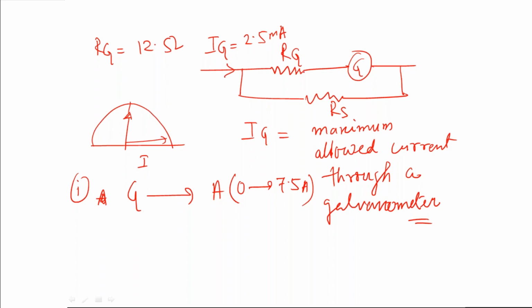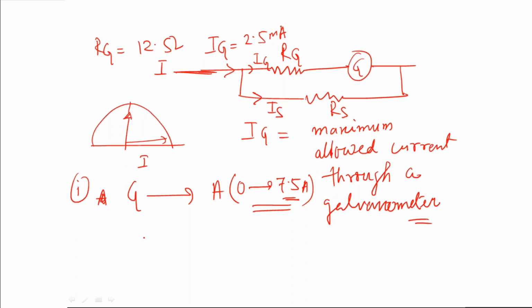See here, the RG is given, the maximum allowed current is also given, and the range of the ammeter is given. Range of the ammeter means the main current. Suppose the current in the main is I, the current through the galvanometer is Ig, and the current through the shunt is Is.